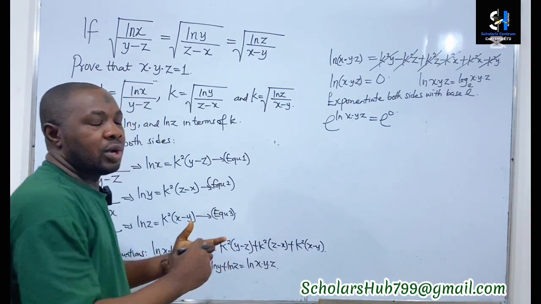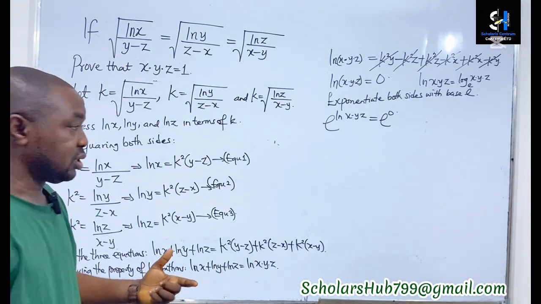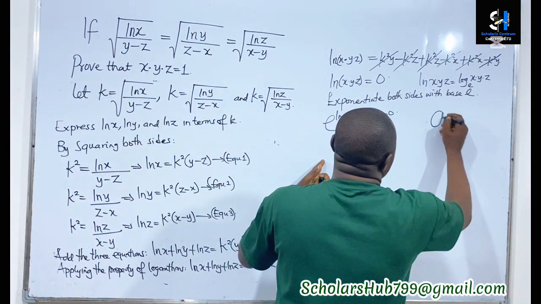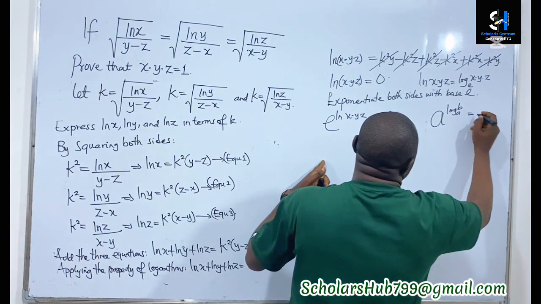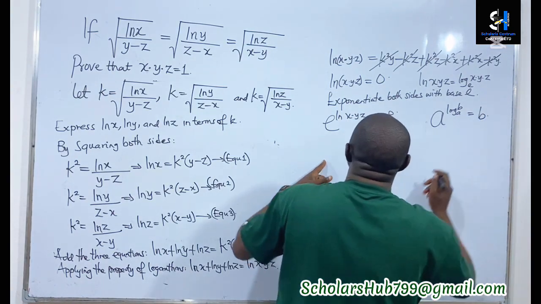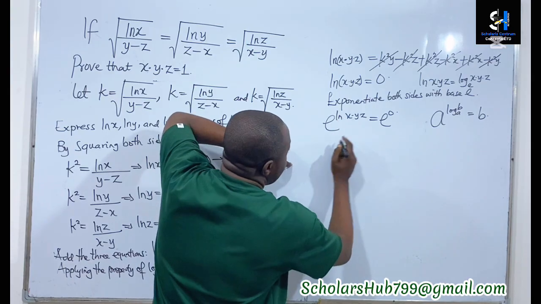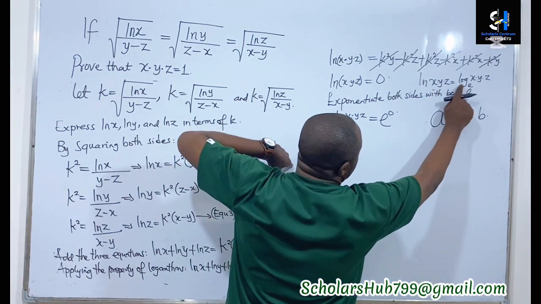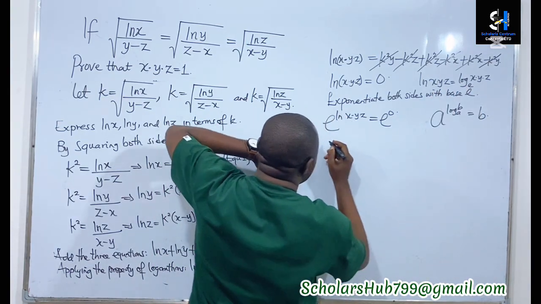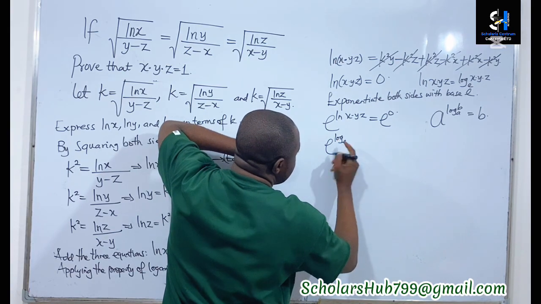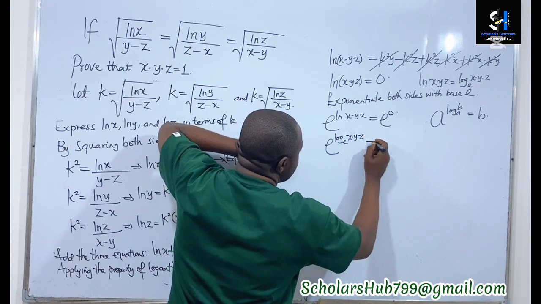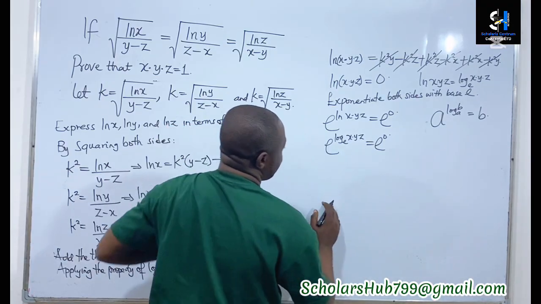Now, we can also apply one of the properties of logarithms: a exponent log b to base a equals b. We apply that here because ln is log base e. So we have e exponent log base e of xyz equals e exponent 0.